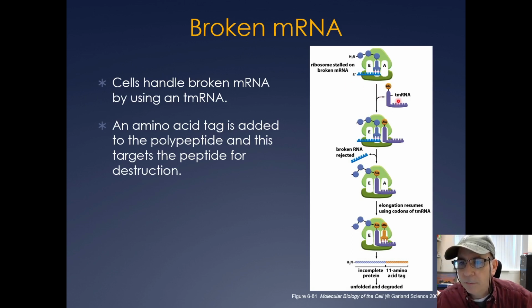Then a tmRNA comes in and adds an alanine, and then it continues to scan, and the alanine tag gets put on the protein. That forms an improper protein, which is a signal for degradation. It'll be unfolded and degraded, and then the broken RNA is released and gets cleaved up by the exosome. But this helps to prevent proteins or peptidyl-tRNAs from floating around.